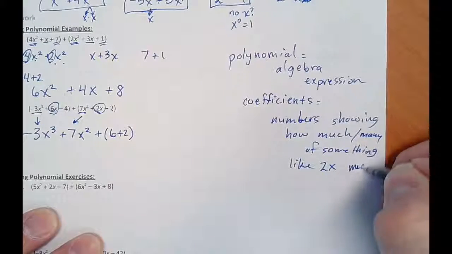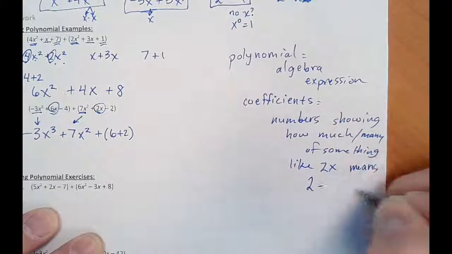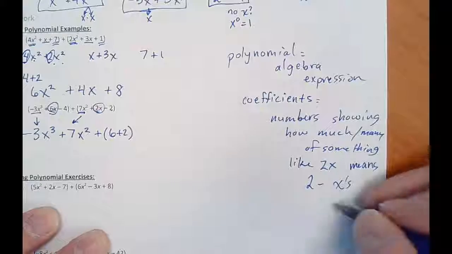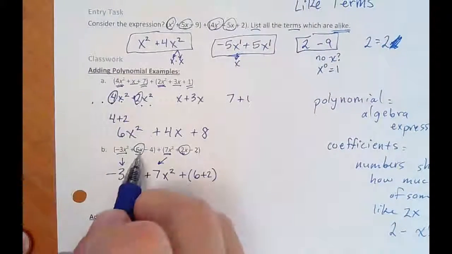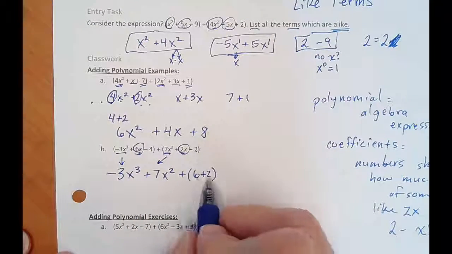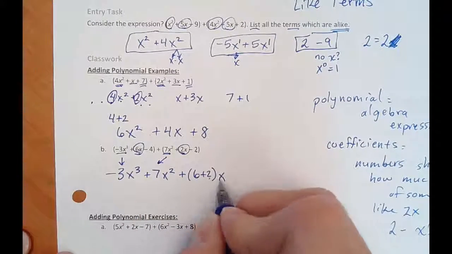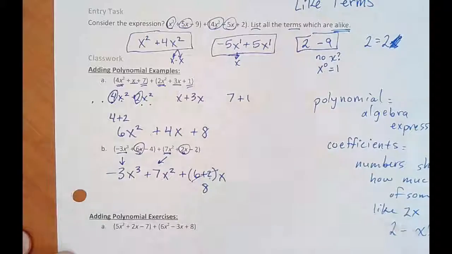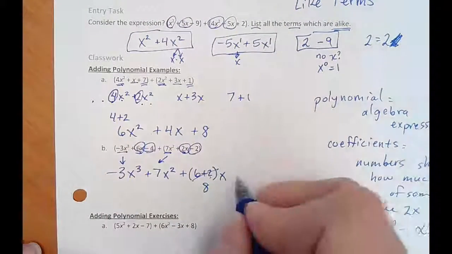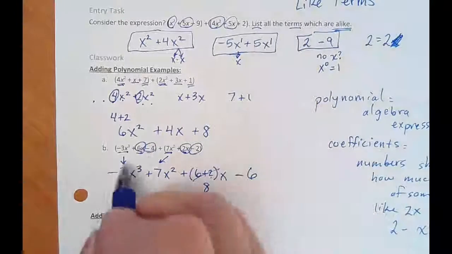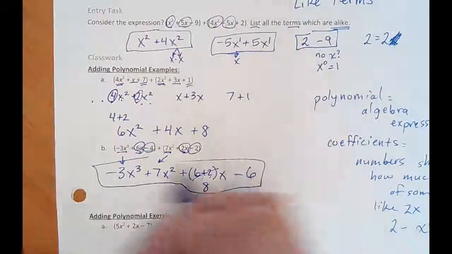It means 2 x's grouped together. So 6x and 2x, we add the coefficients to make 8x. And then last of all, minus 4 and minus 2 make minus 6. So there is our expression.